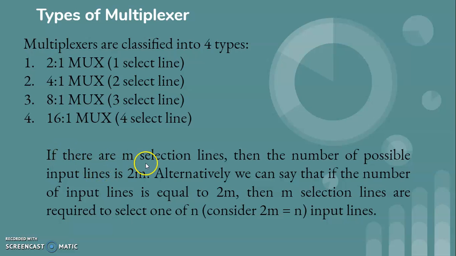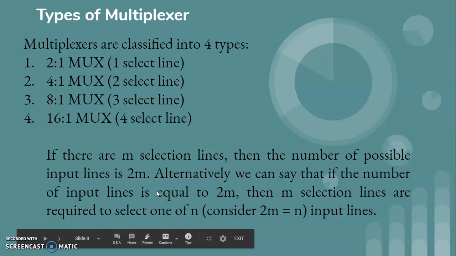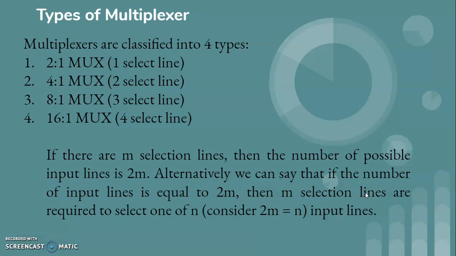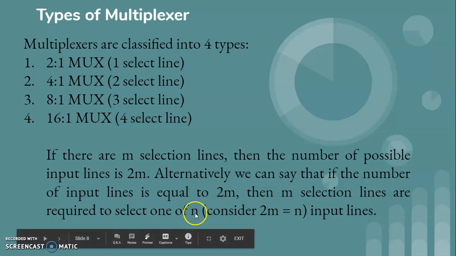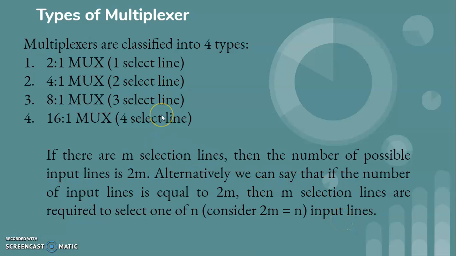If there are m selection lines, then the number of possible input lines is 2 to the power m. Alternatively, if the number of input lines is equal to n = 2^m, then m selection lines are required to select one of n input lines. So we will see these mux one by one.